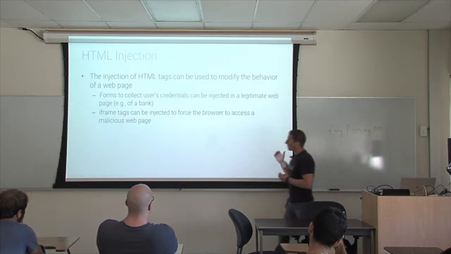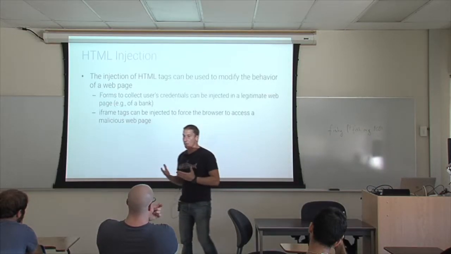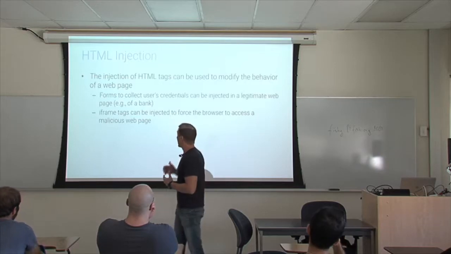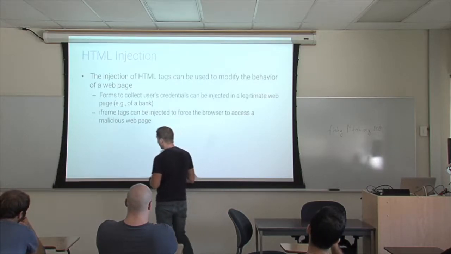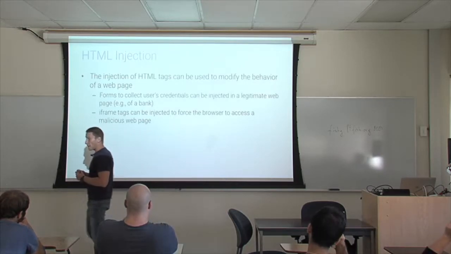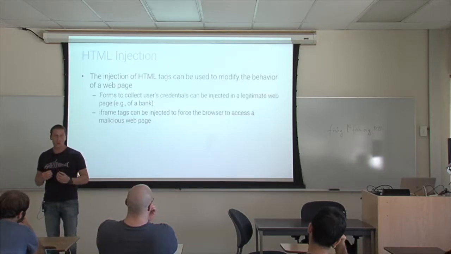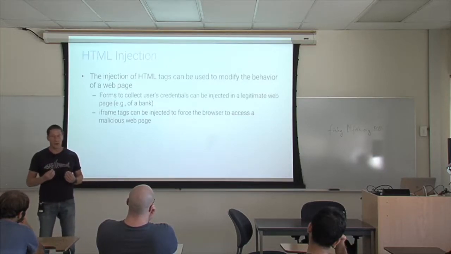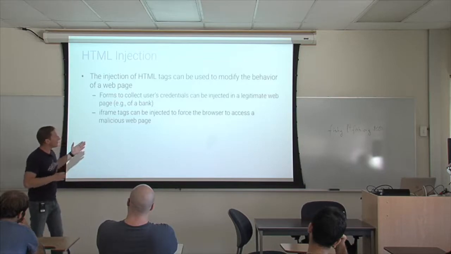Of course, another attack is HTML injection. Fundamentally, it is the ability to modify HTML code using content provided by the user. And you can see the many things you can do with this.